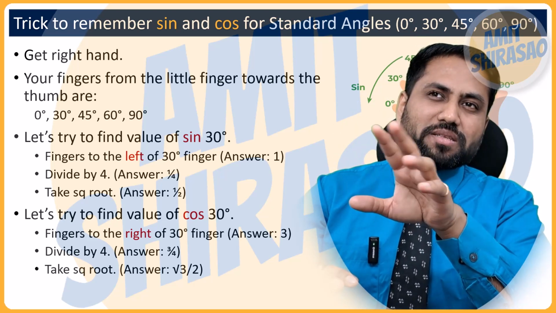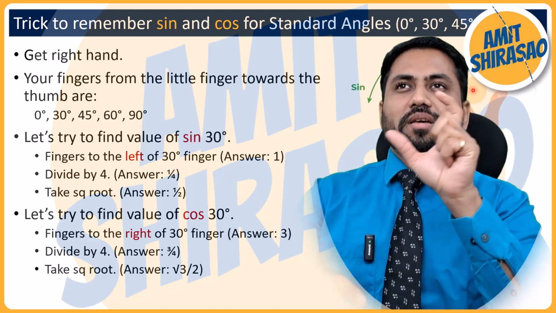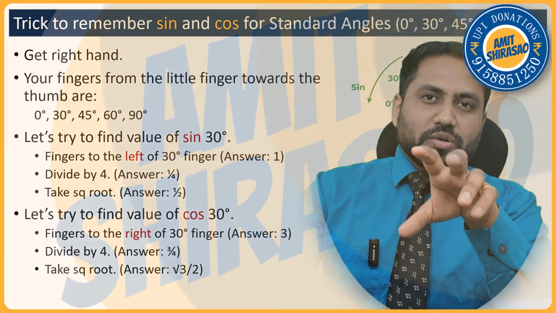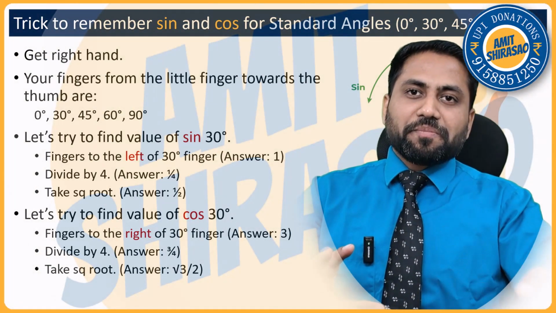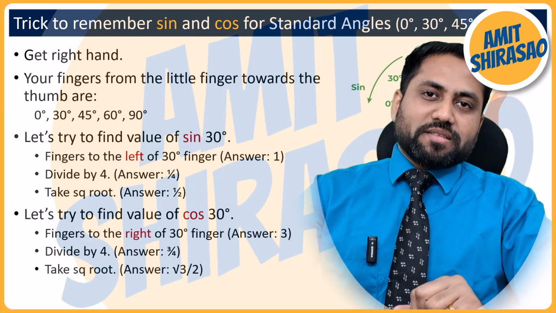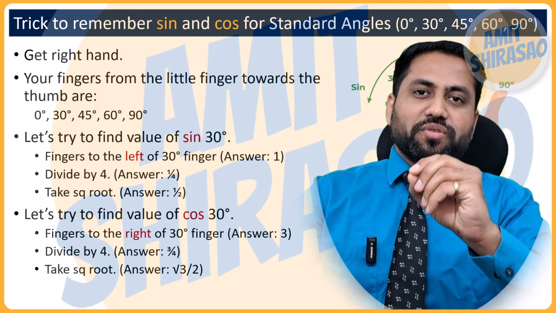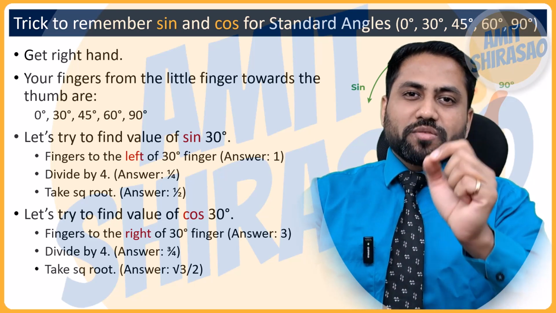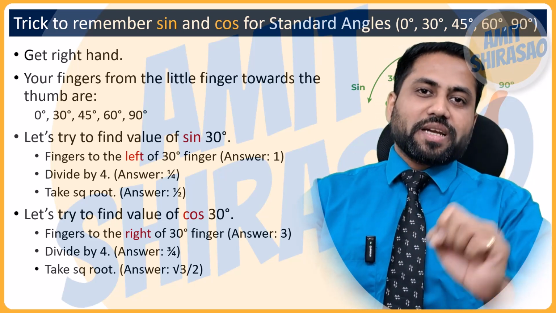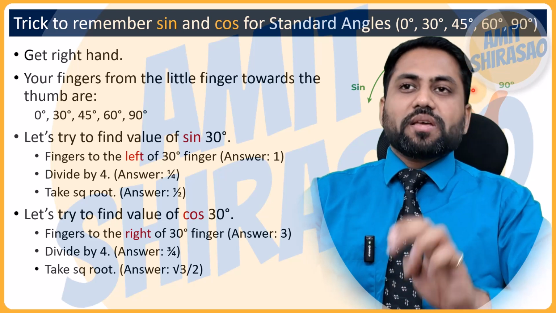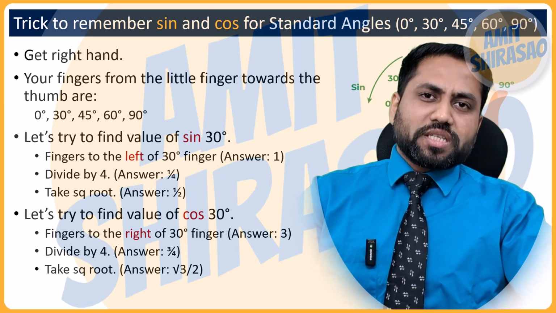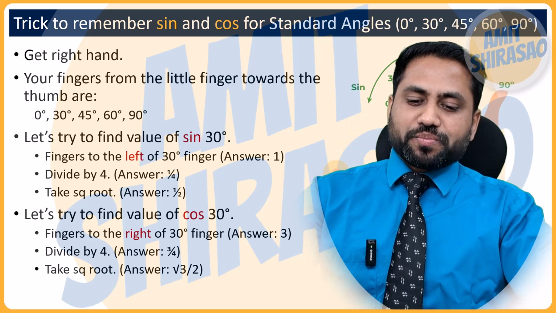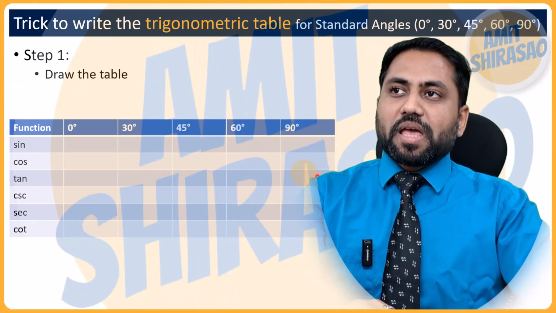And believe me, this is more than sufficient, because many questions that you're basically asked in your school are normally about standard angles. They don't ask you about 15.2 degrees. They won't ask those questions. They'll normally give 30 degrees, 60 degrees, 45 degrees, that kind of angles only you will get. Okay, so this is a very good technique to remember sine and cos values of the standard angles.